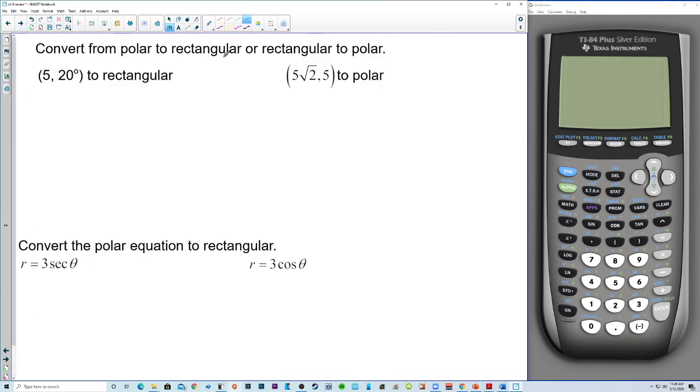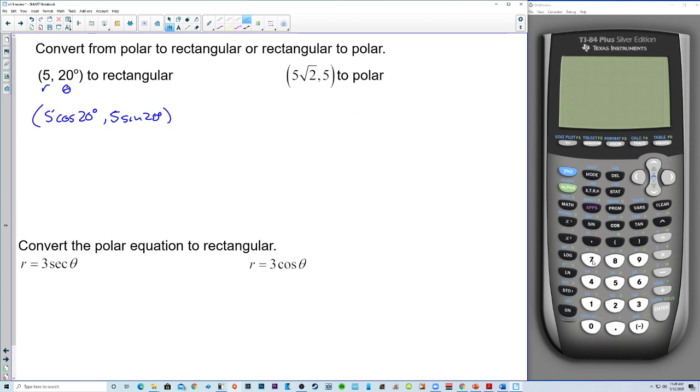Convert from polar to rectangular or rectangular to polar. So we have 5, 20, this is the r, this is the theta, and we're converting this to rectangular. So we have 5 cosine of 20 degrees and 5 sine of 20 degrees. And if we can get the exact value, I want the exact value.